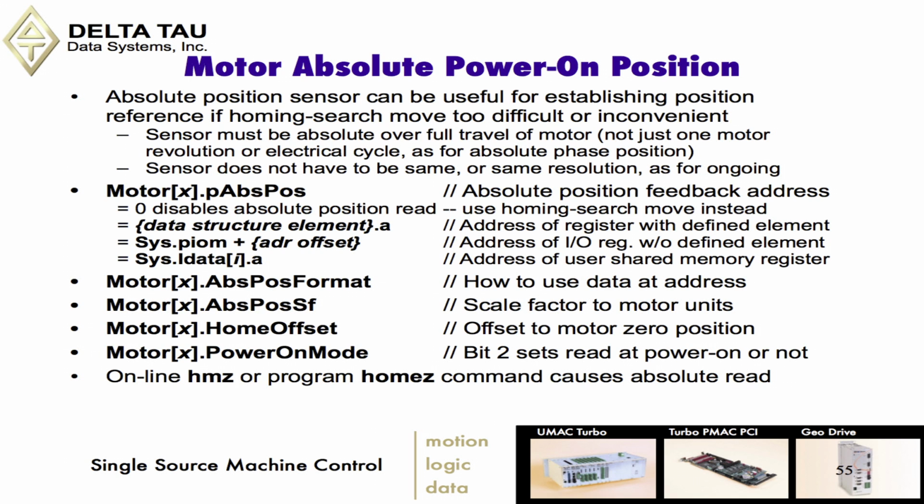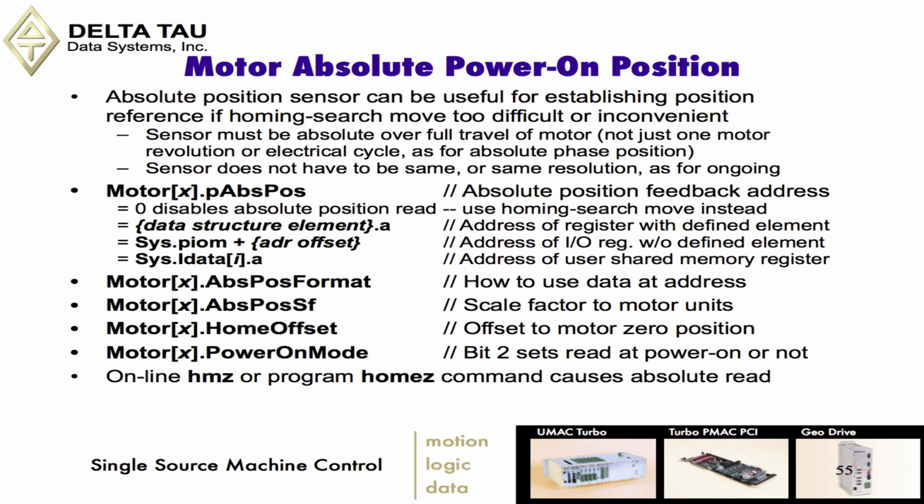This can be a very big deal. For example, in a vertical axis, you might not want to do a homing search move. You'd rather know exactly where you are right away. So you also don't have to do a commutation search, and you can immediately tell the motor where to start commutating, go into closed loop, and you also know exactly what position you're at.